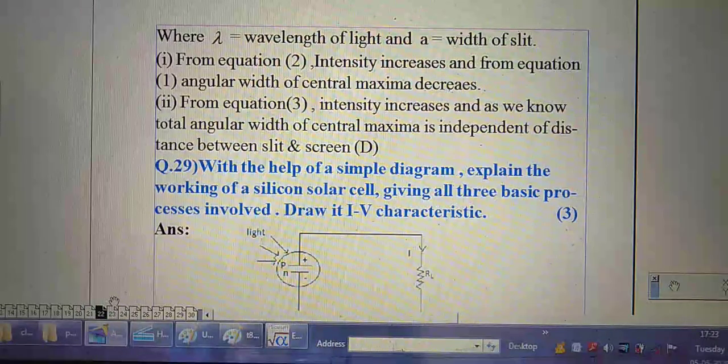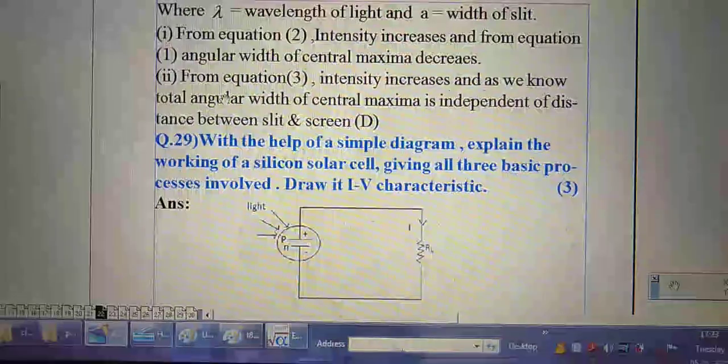Now from equation 1, angular width is inversely proportional to the width of the slit, so as you increase it, the angular width will decrease.